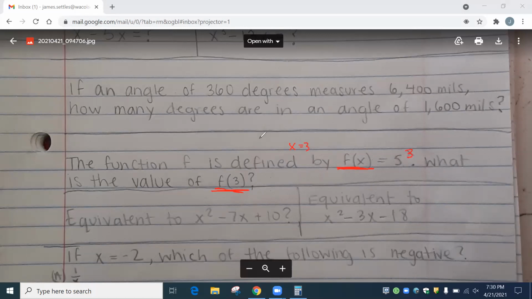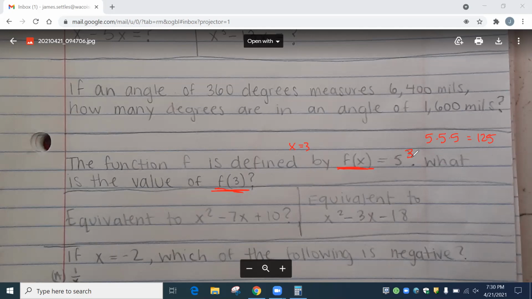And you just type that into the calculator or you go 5 times 5 times 5. So 5 to the third would be 5 times 5 times 5. That'd be 25. 25 times 5 would be 125. So the answer to that would just be 125. So anytime they give you what x is, then you plug it in for x and work the problem out.